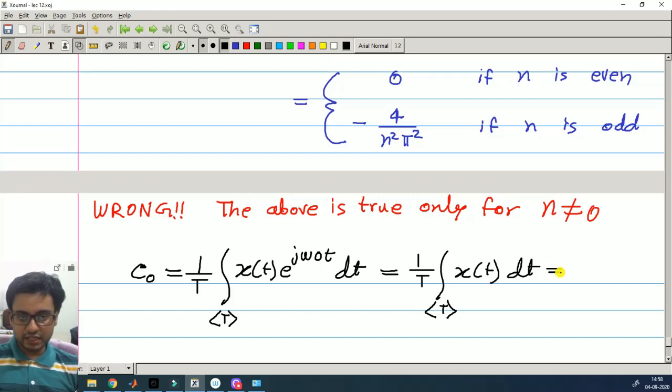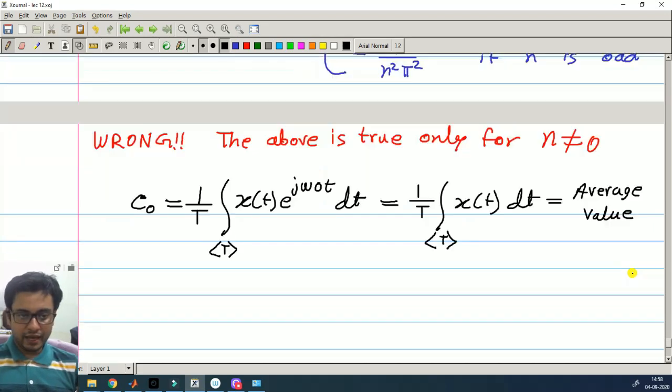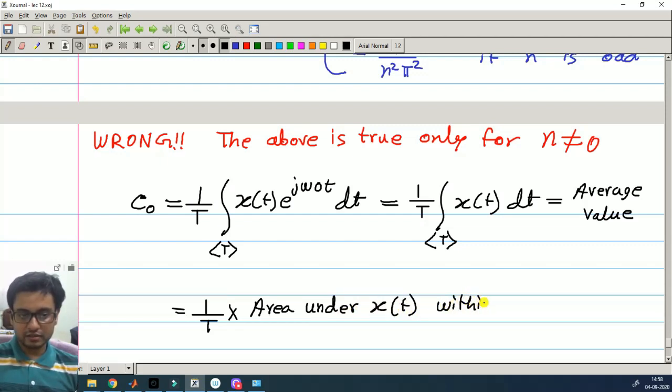So this is nothing but the average value of x(t), and the average value you can calculate as 1 over total time into area under x(t) within one cycle.